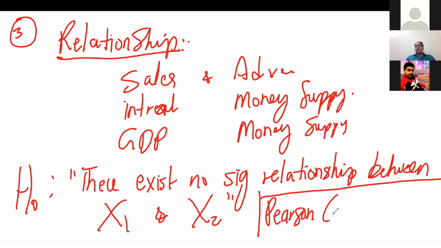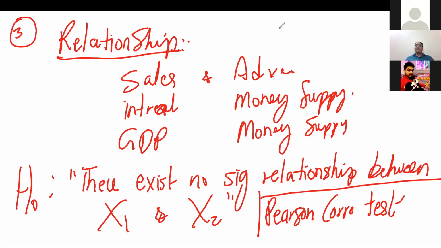Whenever you want to design a hypothesis to find out the relationship, this is the right way of mentioning the hypothesis. Frankly speaking, I found that most research scholars don't know how to make the statement of hypothesis, so here I am telling you how to make it in case of relationship.